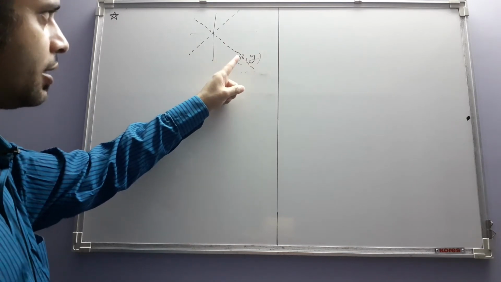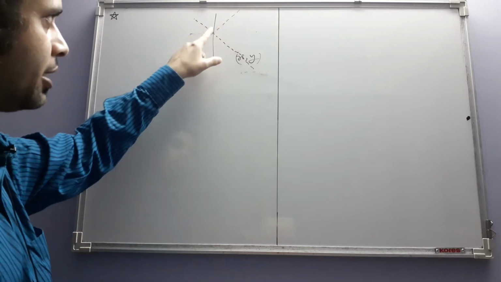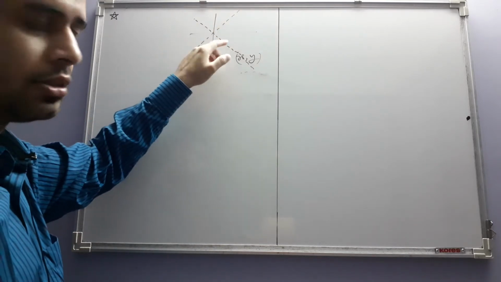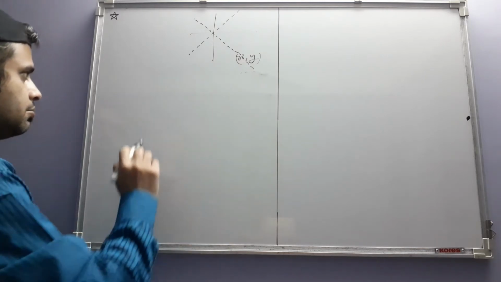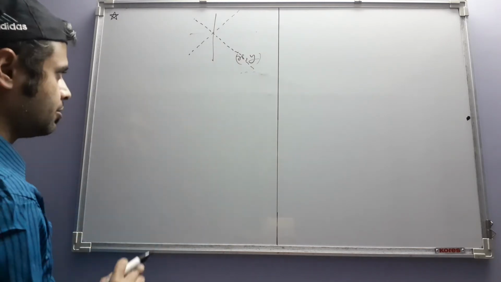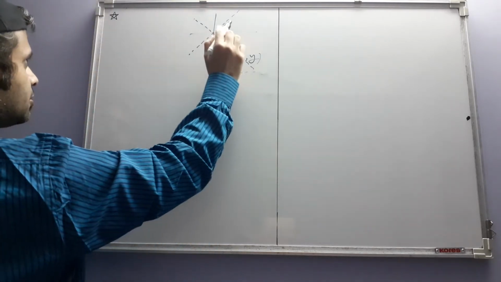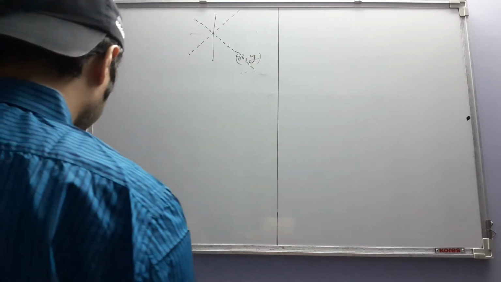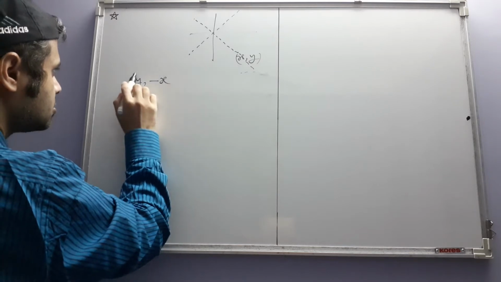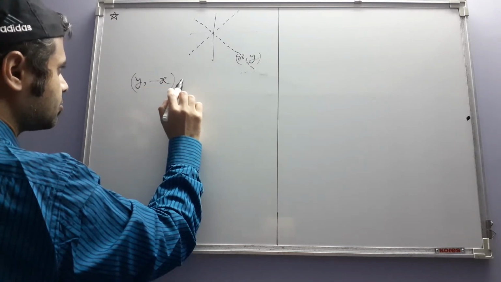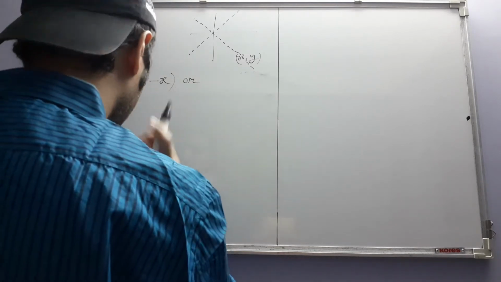Then using the fact that after that rotation, the final position of this point will also be at the same distance from the origin as the initial position, we used this thing to finally find a condition, and we ended up with 2 possible choices for the final position of the point. One of them is this and the other one is this, or I am writing because one of them is going to be our answer.